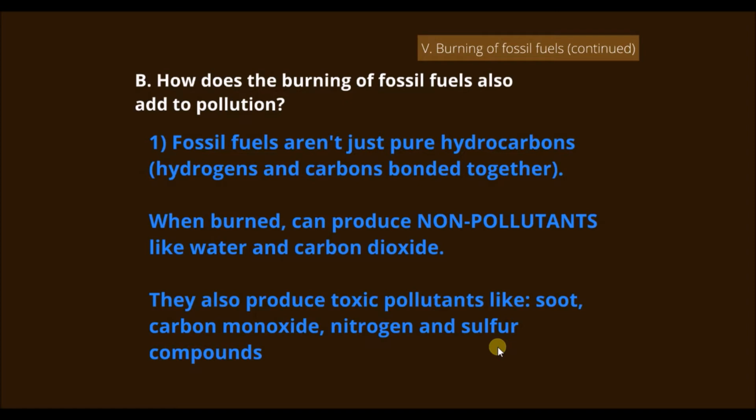Nitrogen and sulfur compounds, when they combine with oxygen in the air, turn into nitrous oxide, which when dissolved in water will become nitric acid and nitrous acid. Sulfur will become sulfuric acid, and both of these components are a cause of acid rain. Before I said that rainwater was slightly acidic.